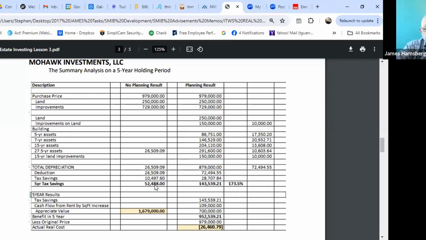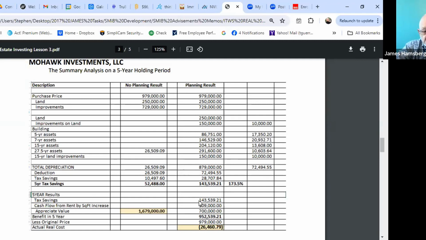So the tax savings over 5 years, we've saved $143,539 in taxes, which is 173.5% more than we would have got by doing no planning.